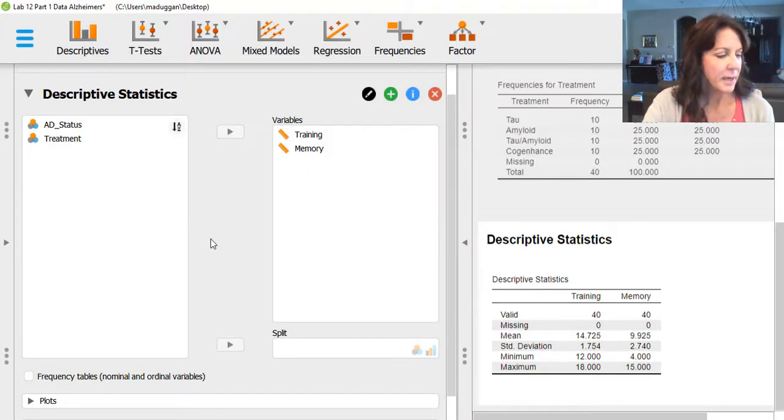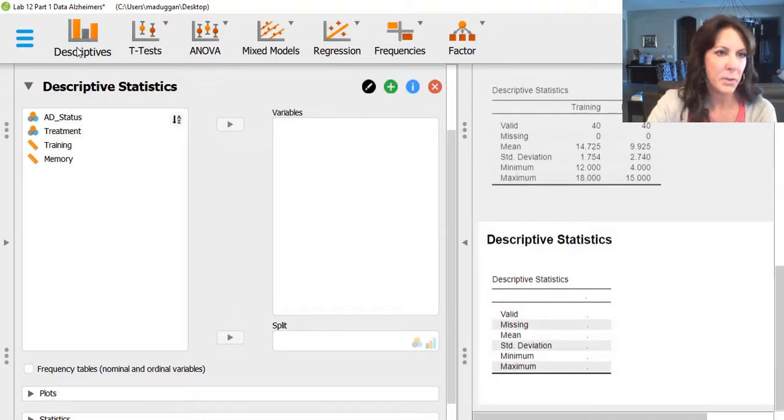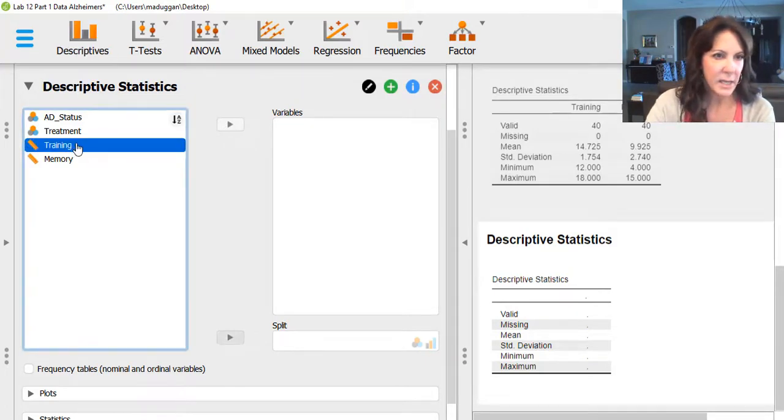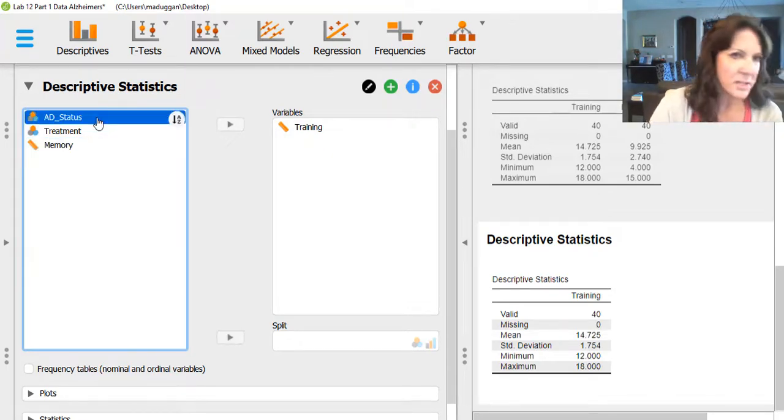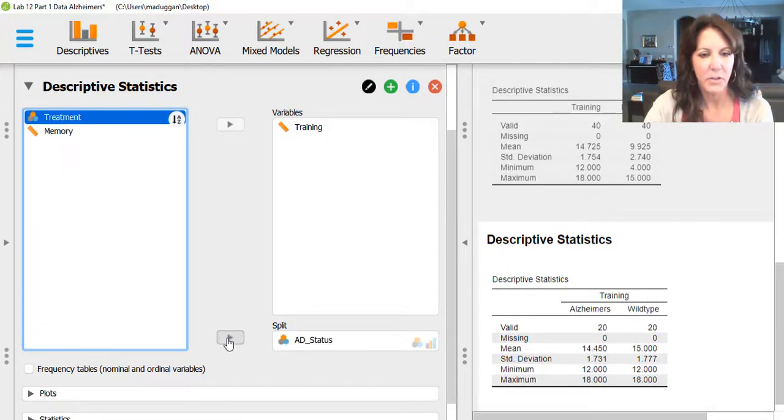All right, now we're going to do two different types of descriptive analyses. I'm going to back up here to descriptives. And this time I'm going to compare the training day scores, that is the dependent variable, based on the Alzheimer's disease status. I'm going to move that over here.